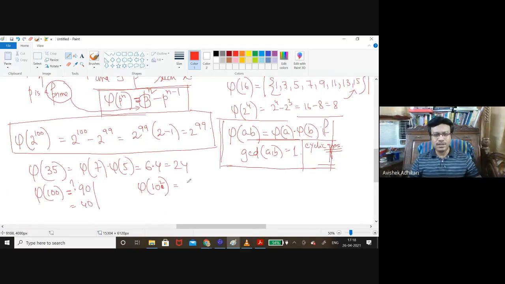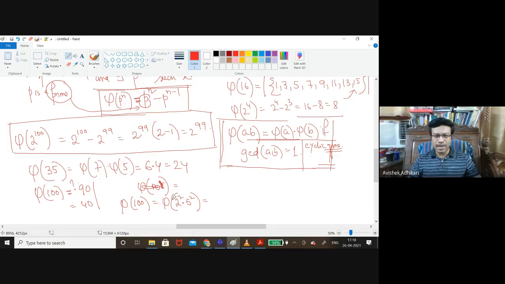So first, instead of doing that, try to break it down in terms of a product of primes. So it's 2 square into 5 square, right? So this is 2 square into 5 square. It's a product of primes. So it's 25, it is 4. So 100. Now use this.